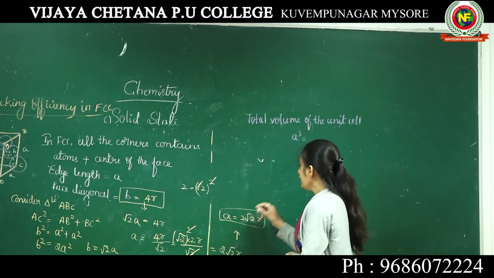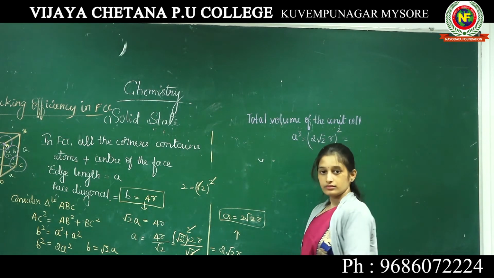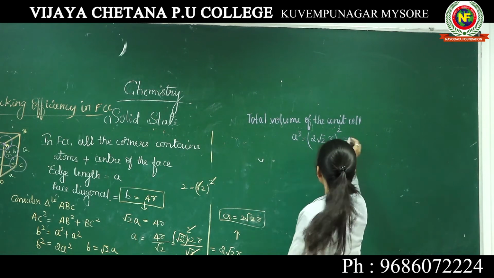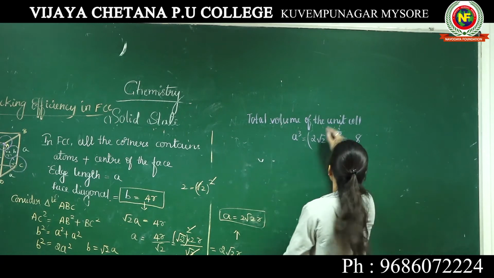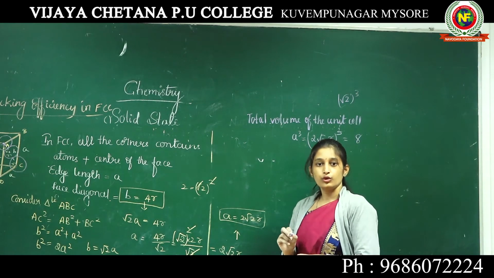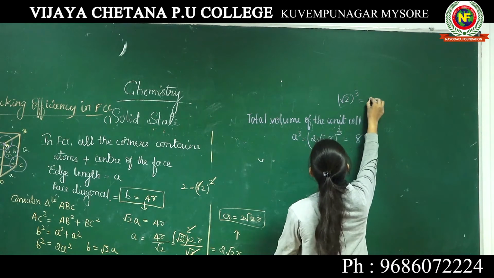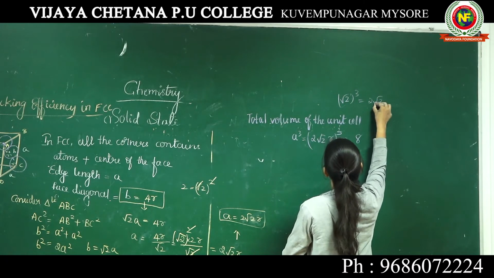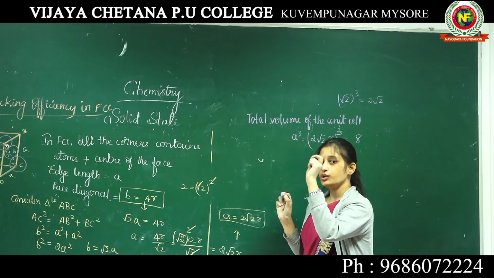So what is the a value? 2 root 2 R whole cube. 2 cube means 8. Root 2 cube: root 2 into root 2 into root 2.